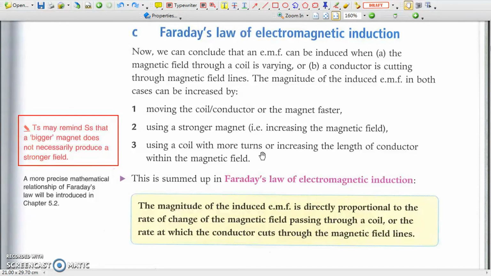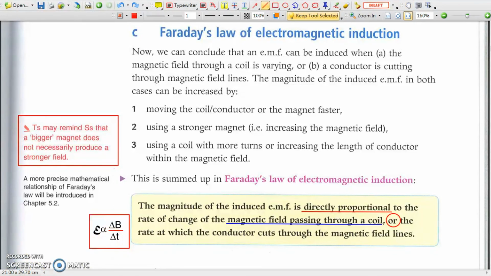And this is summed up by Faraday as his law of electromagnetic induction, which described the induced EMF quantitatively in such a relationship that the induced EMF is directly proportional to the rate of change of magnetic flux passing through the coil, or the rate at which the conductor cuts through the magnetic field lines, both represented by the same relationship here.